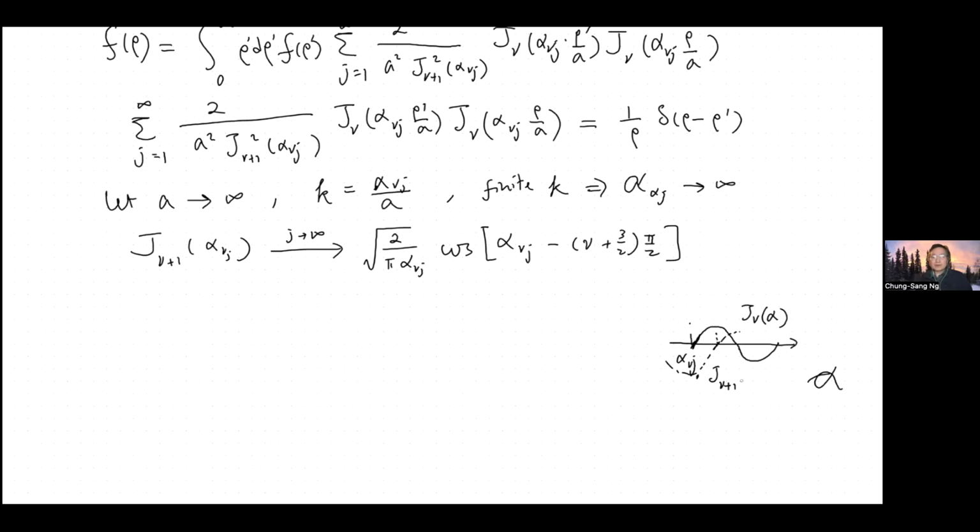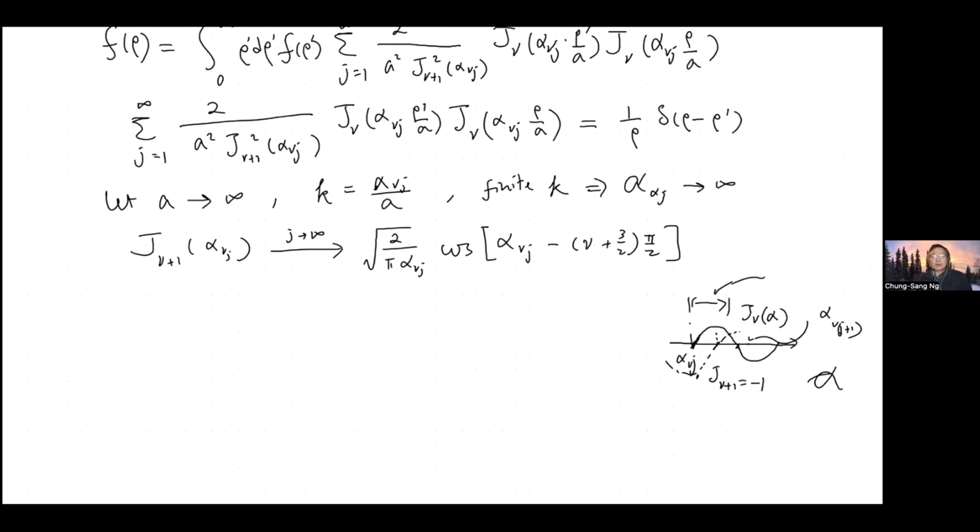So this is J sub nu at alpha sub nu j, and this 0 will be alpha sub nu j plus 1. And this distance, the increase of alpha, is obviously just pi, right?